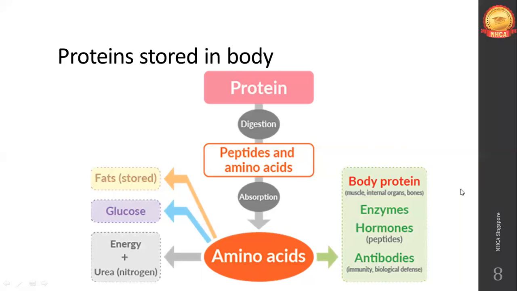Then other amino acids are solely just to give out energy. Okay, they can participate in gluconeogenesis and glycolysis chain reactions, etc. And some form of it can be stored in the form of fats in the body, too much of protein. Okay, so this is how protein gets stored and utilized in the body.